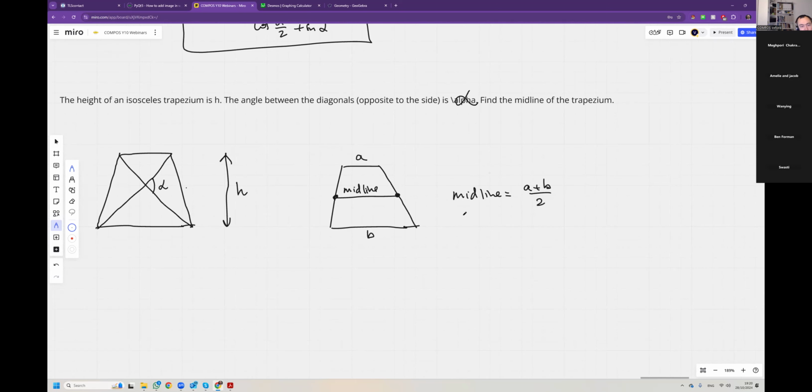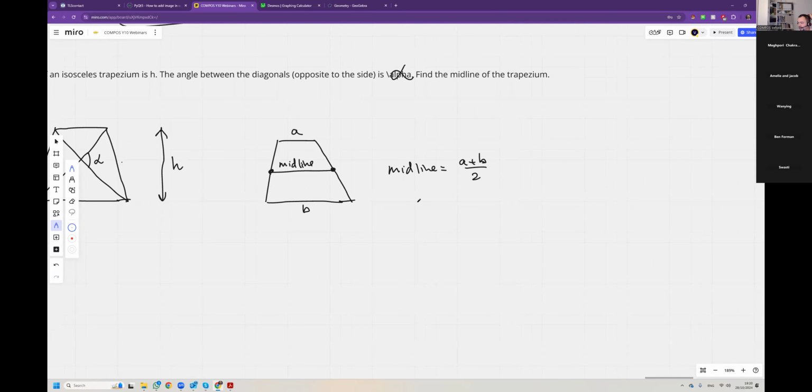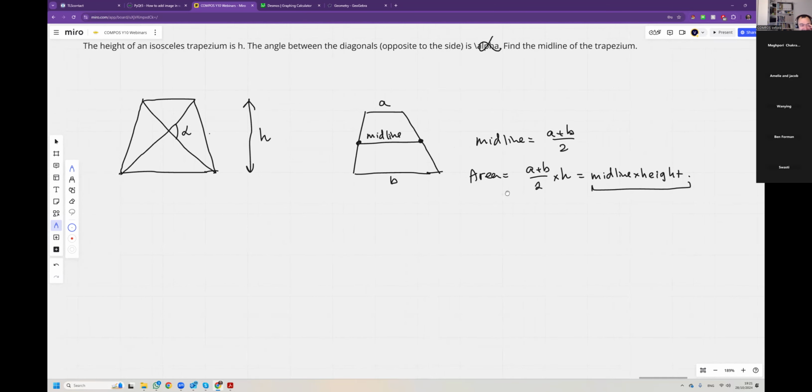Do you remember that the area of a trapezium is A plus B over 2 multiplied by height? So it's actually just the midline times height. It's an interesting observation.